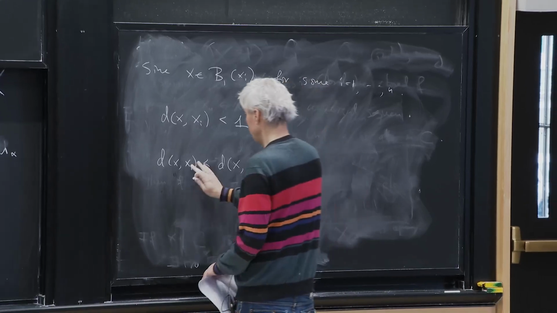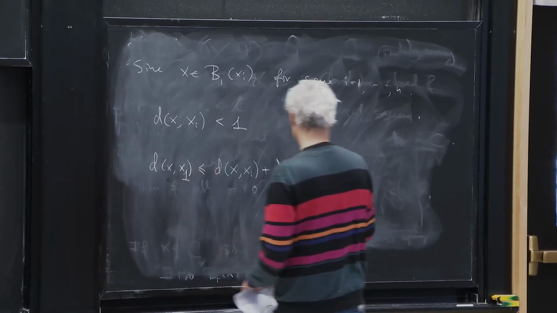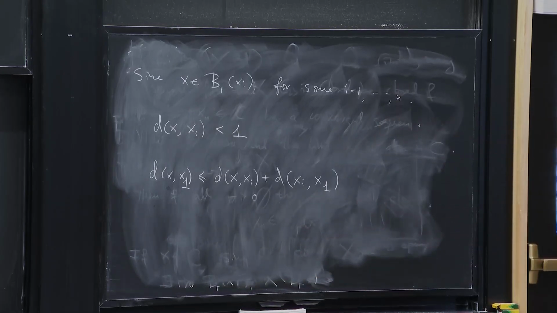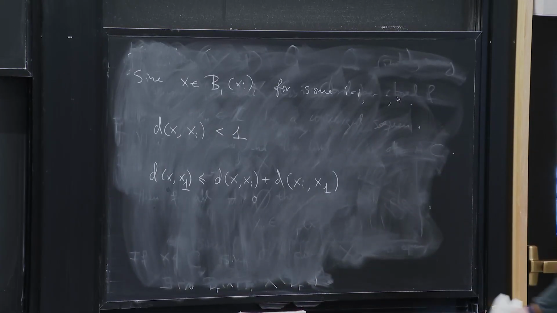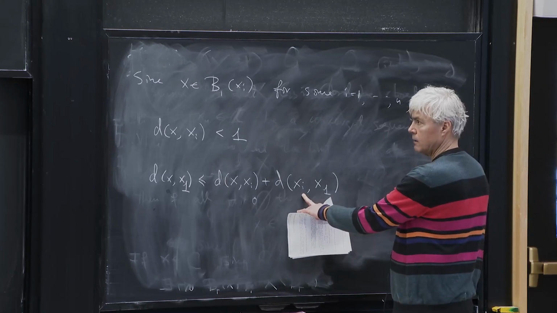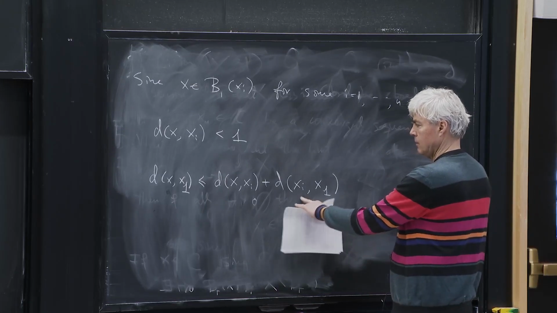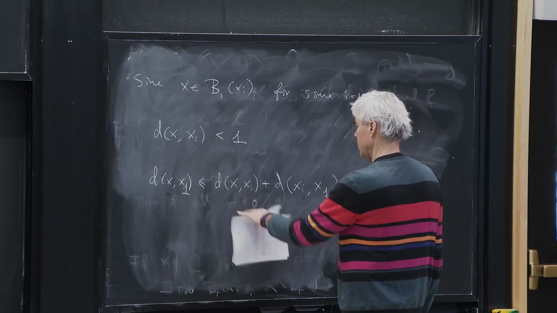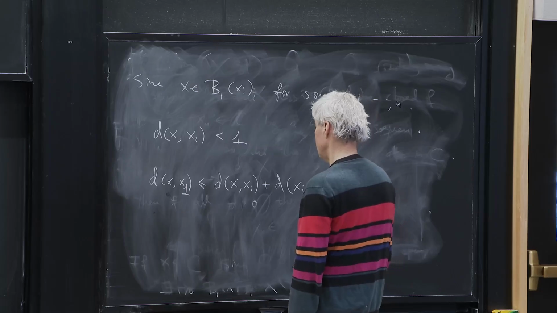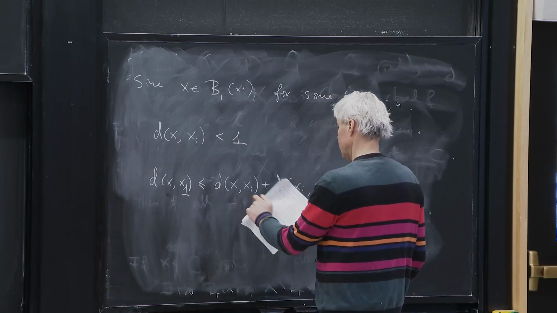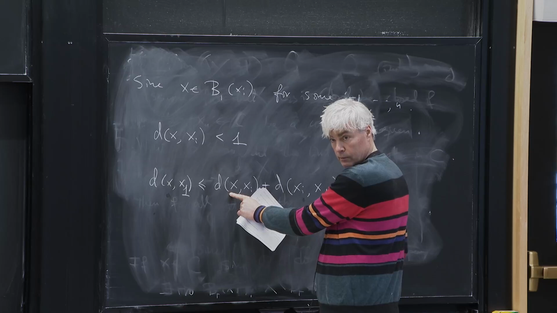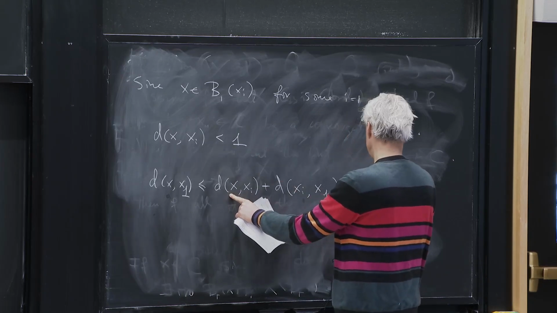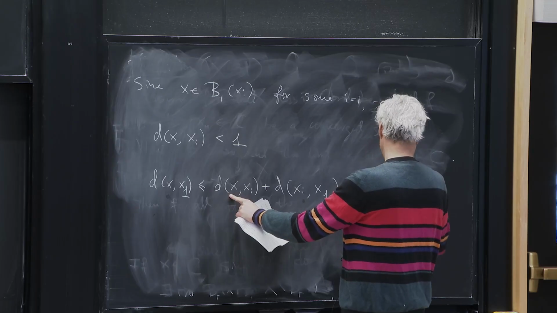But this first distance is bounded by 1, actually strictly less than 1. So this is less than 1 plus this other distance.